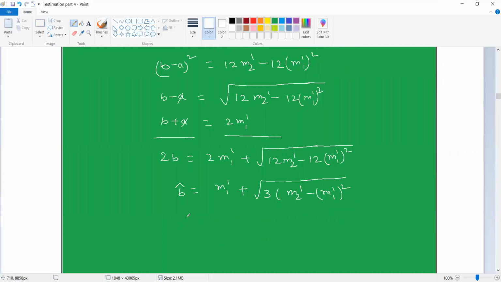Now substitute B cap in any one of the above equations. By substituting B cap, we get A cap is equal to m1 dash minus square root of 3 into m2 dash minus m1 dash whole square.